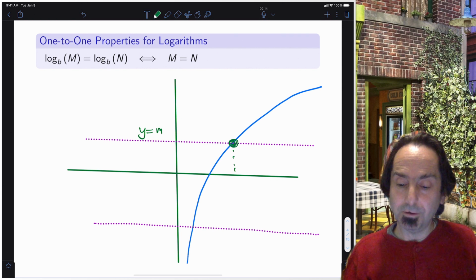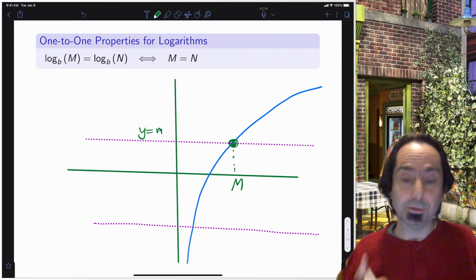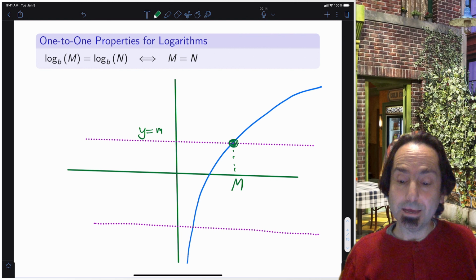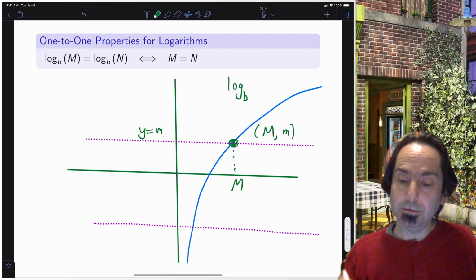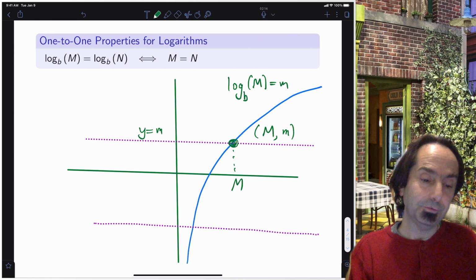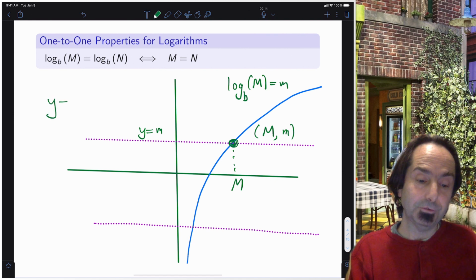That means that there's exactly one x value, big M, so that the input is big M, the output is little m. That means that log base b of big M equals little m, because the function is y equals log base b of x.